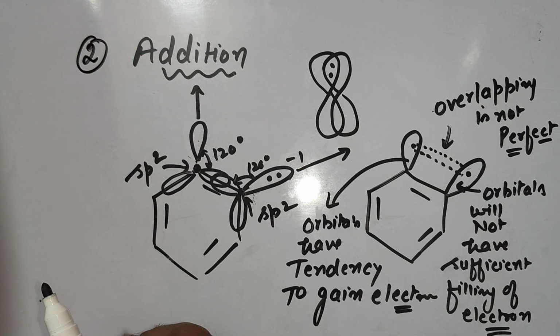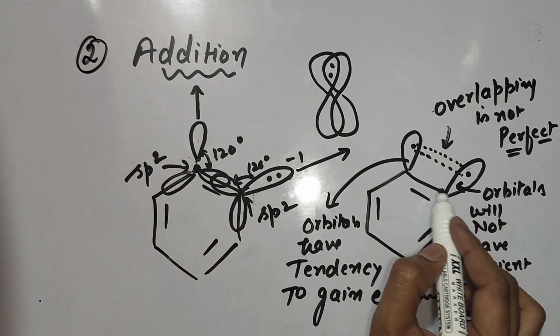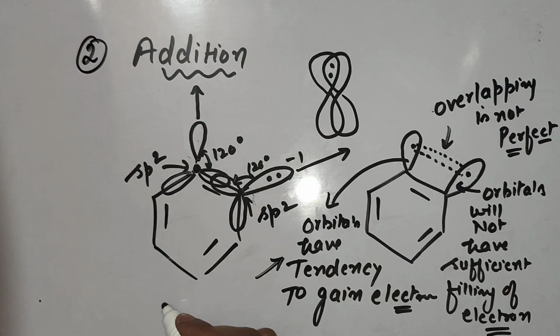Due to poor overlapping, these orbitals are not sufficiently sharing, or you can say they do not have sufficient filling of electrons in them. So these orbitals have a deficiency of electron. That's why these orbitals have a tendency to gain extra electrons. So these carbons are working as electrophiles.